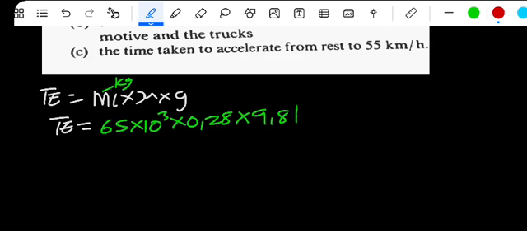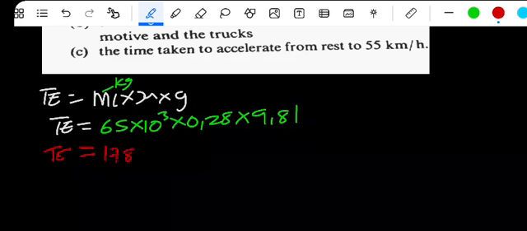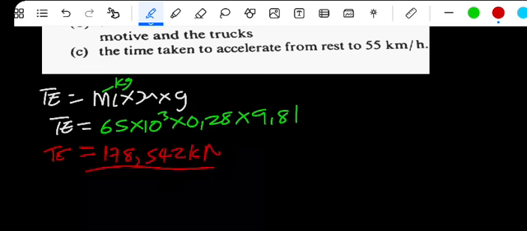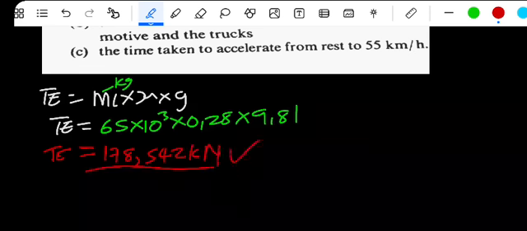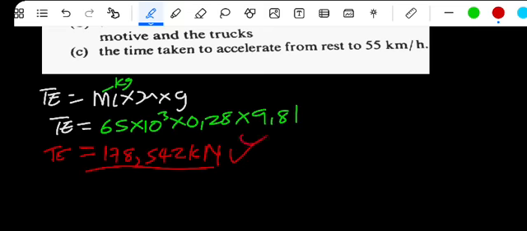So our TE will be 178.542 kilonewtons. That is what they wanted.